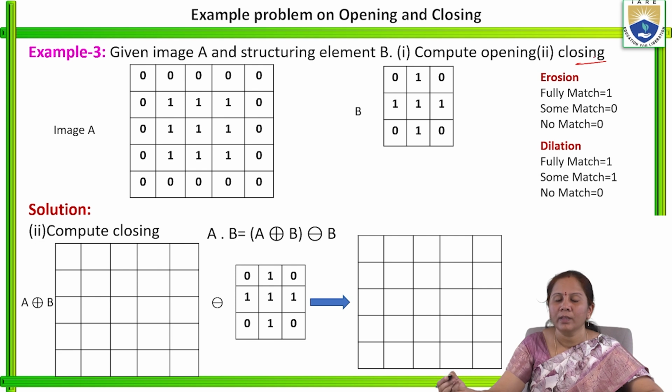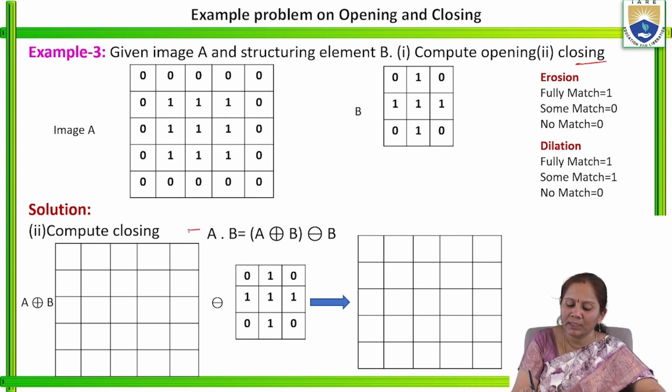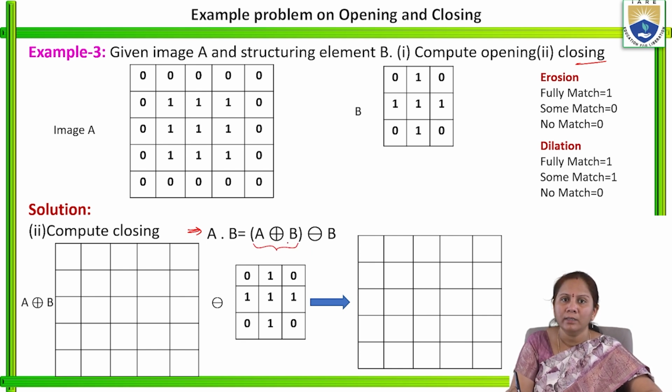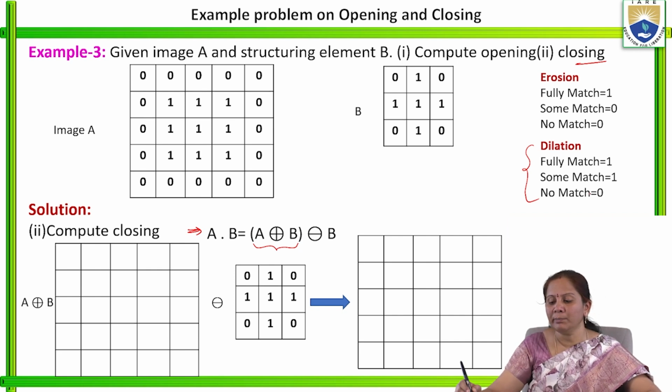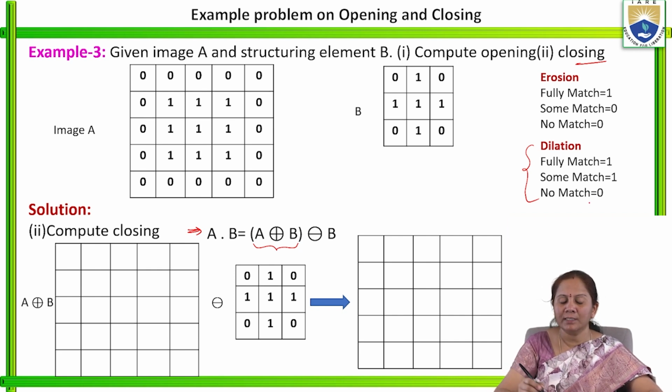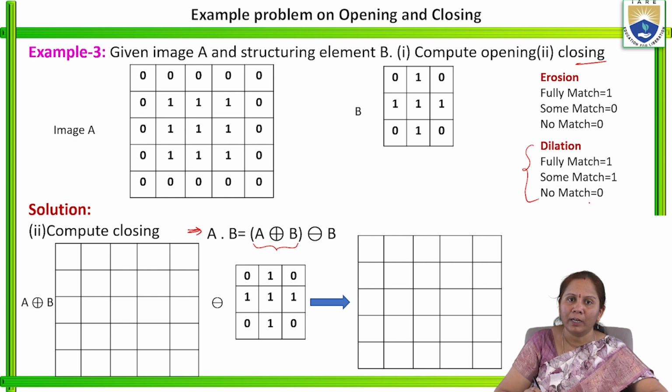So similarly, considering the next one, how to apply closing operation. So this is the equation to perform closing operation. So first we have to apply A dilation B. So these are the rules of dilation. Put this structuring element on the pixel value what we need to find. Based on fully match, some match, or no match, place the new pixel values.